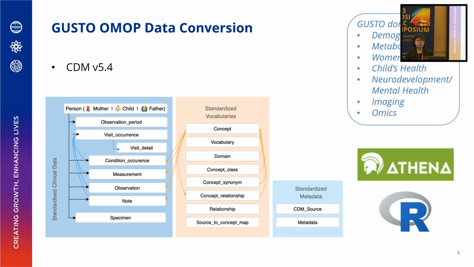It's the person table and mainly the observation and measurements table. Currently when we do the mapping, we are using Athena and customized R scripts.